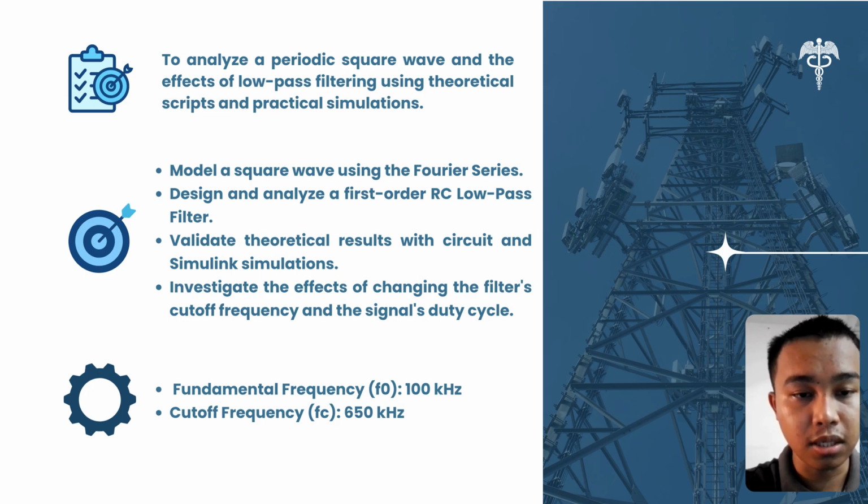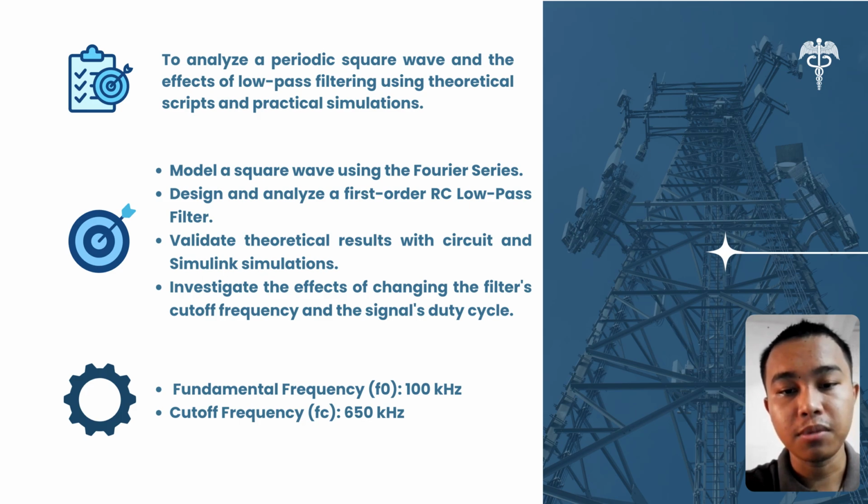Second, to design an RC low pass filter based on our group's specific parameters. Third, to validate all our theoretical results from our MATLAB script against practical simulation. And finally, to investigate how changing key parameters like the cutoff frequency and duty cycle affect the system.